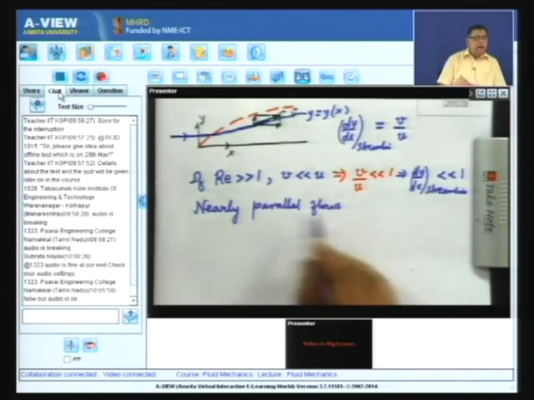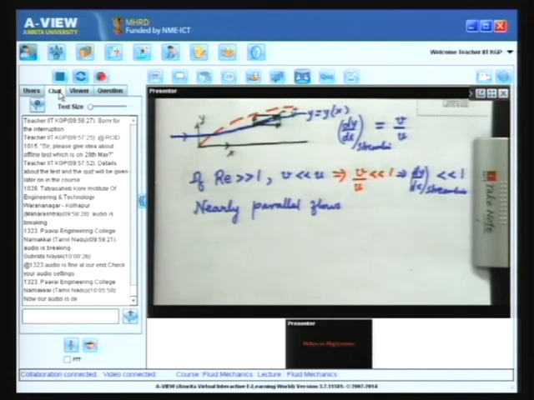But that slight non-parallelity has a major effect on the solution.